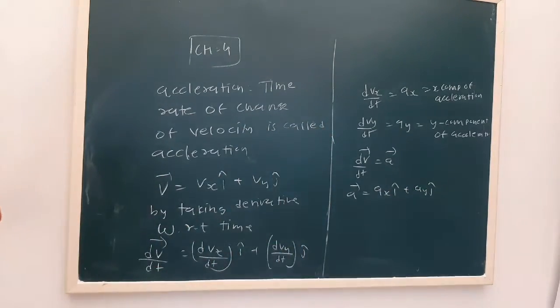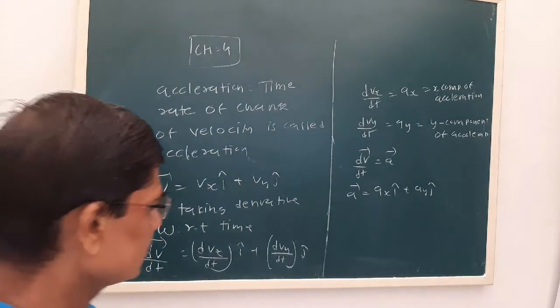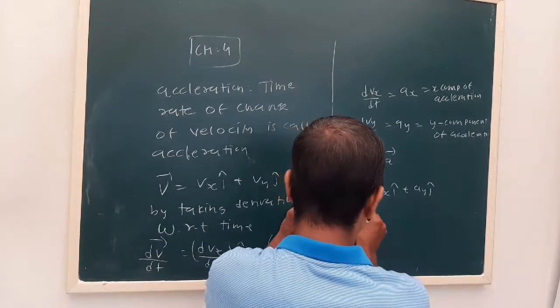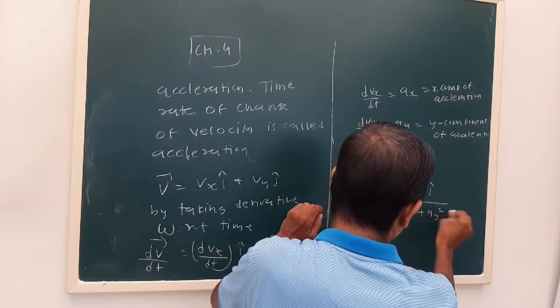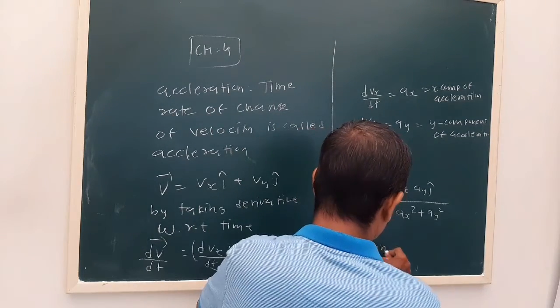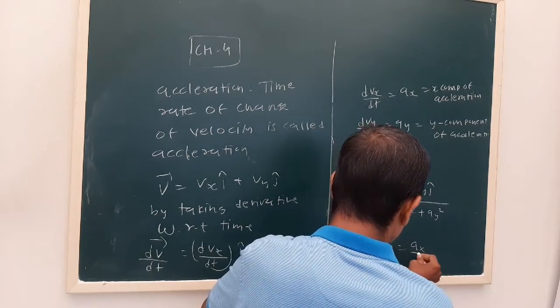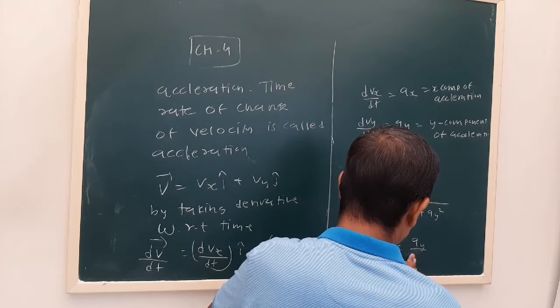Now this is acceleration in terms of the components. The magnitude of the acceleration is under root ax square plus ay square. In the direction also we can obtain tan theta is ay upon ax.